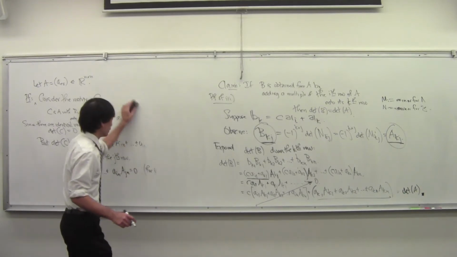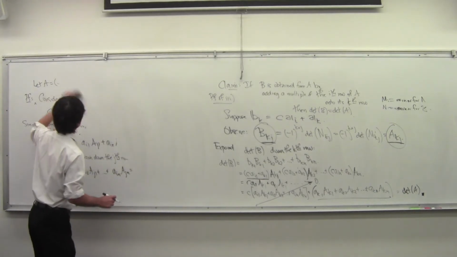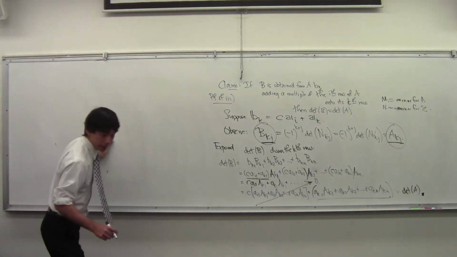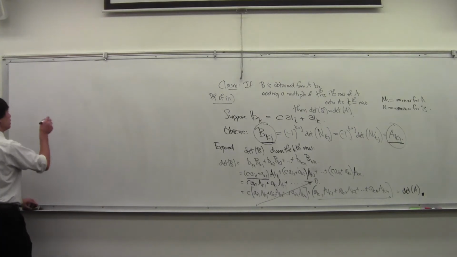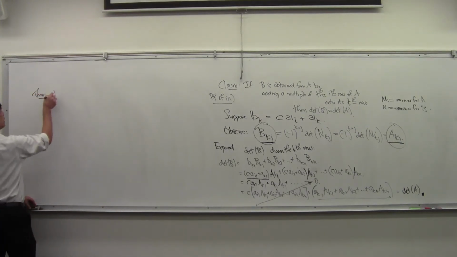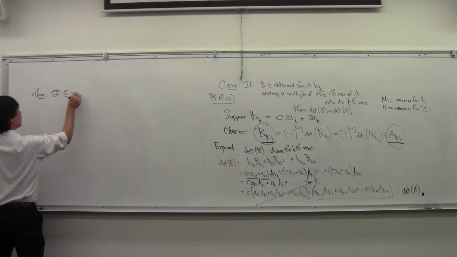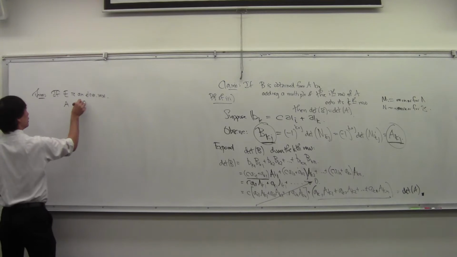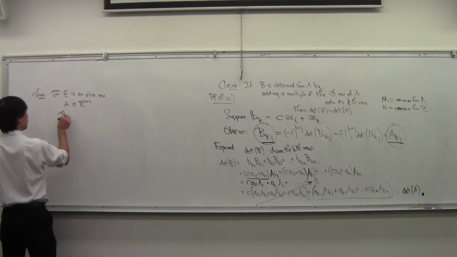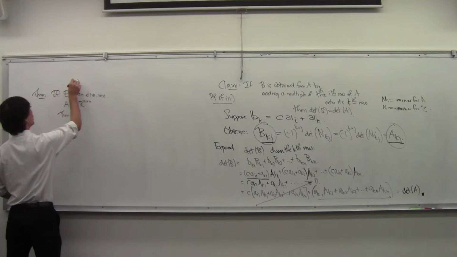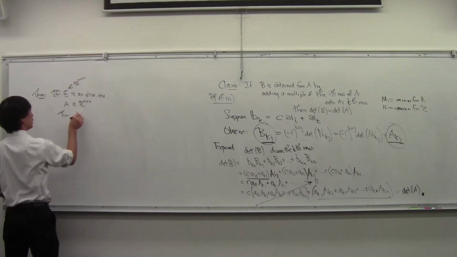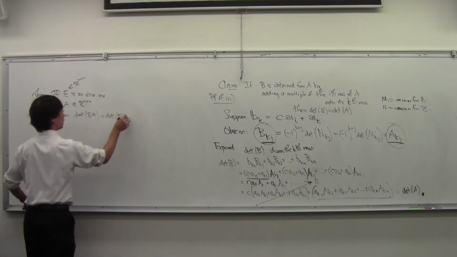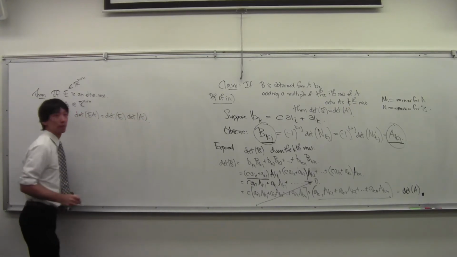Okay, let's go on to the next part, which is much simpler. So there's a corollary of the theorem. So the theorem is this, that if E is an elementary matrix and A an n by n matrix, then the determinant of EA is the same thing as the determinant of E times the determinant of A. Right?